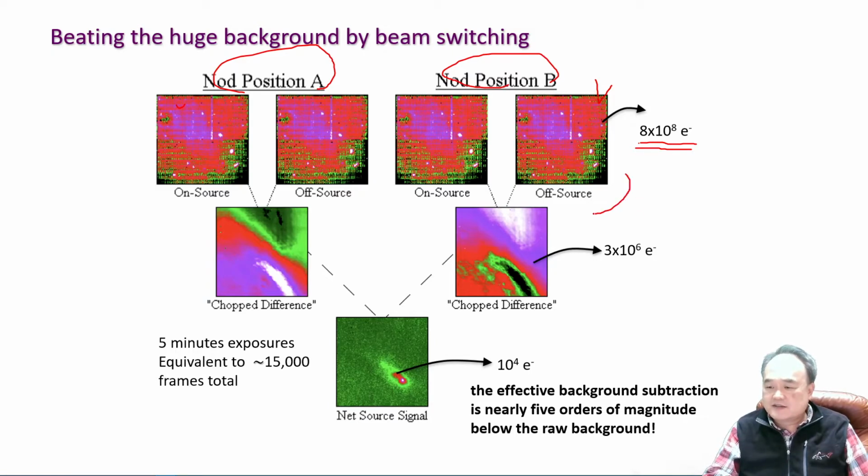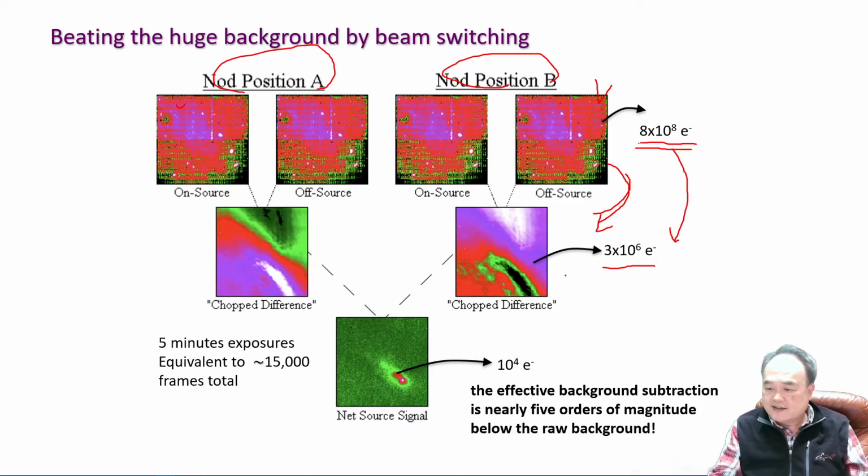From a single chop differencing, we eliminate a few hundred times of the background radiation, almost 200 to 300 times.